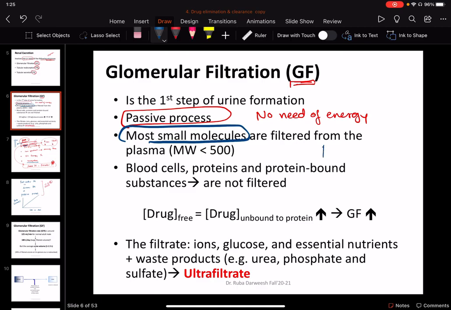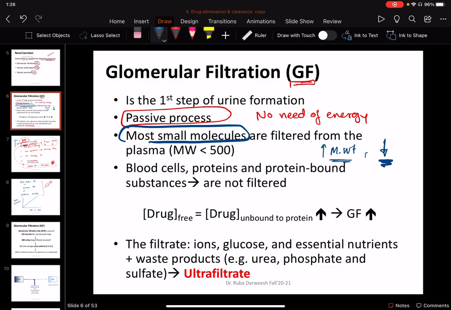As the molecular weight is increasing, the filtration will be decreased as it's size dependent. And I know that you took a lot of information related to passive transport and Fick's first law, in which as the molecular weight increases, the passive processes will decrease, and we usually have cutoffs for the molecular weight that can pass through membranes.